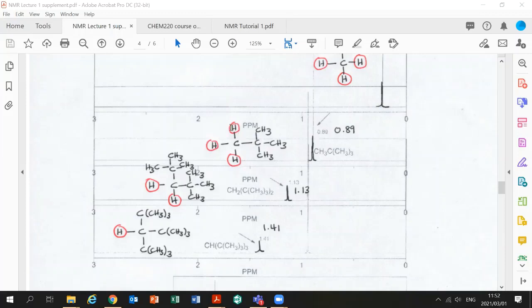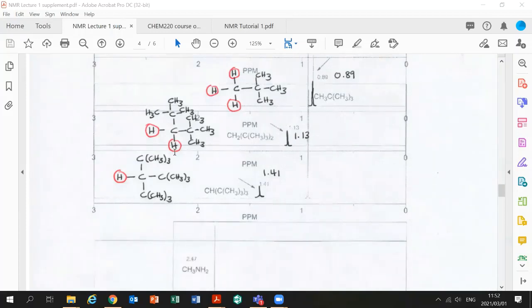What happens if I take the other hydrogen out and replace it with another carbon? Now I've got two carbons that are more electronegative, and they take away electron density from these two hydrogens here. So you see the signal moves from 0.89 to 1.13. And finally, if I take another hydrogen out and replace it with a carbon, now I've got this proton which is bonded to this carbon, that carbon, and that carbon, all taking electron density away from the hydrogen.